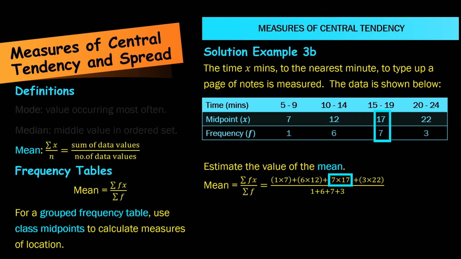Here the midpoint is 17. So fx is 7 times 17. And here the midpoint is 22. So fx is 3 times 22. And of course the sum of all the frequencies is as shown, 1 plus 6 plus 7 plus 3. This equals 15.5.